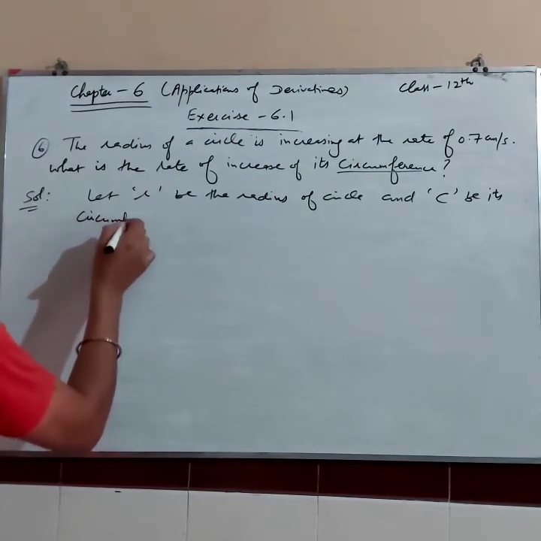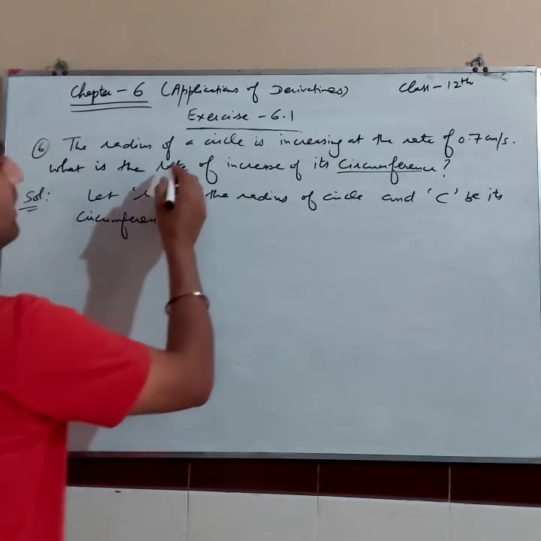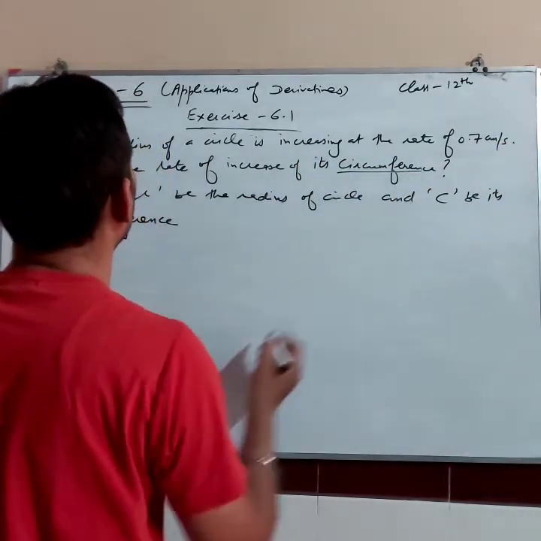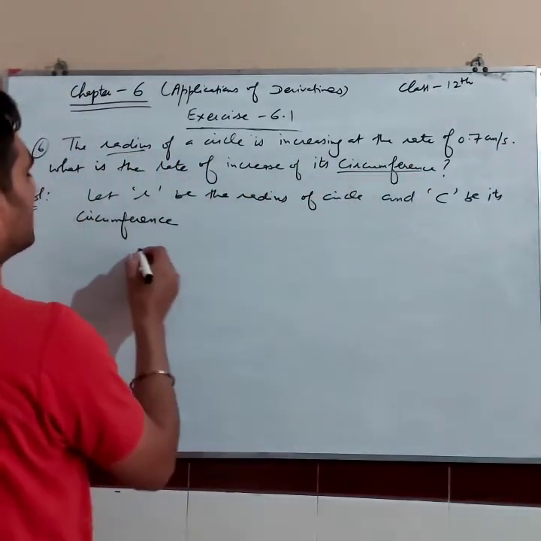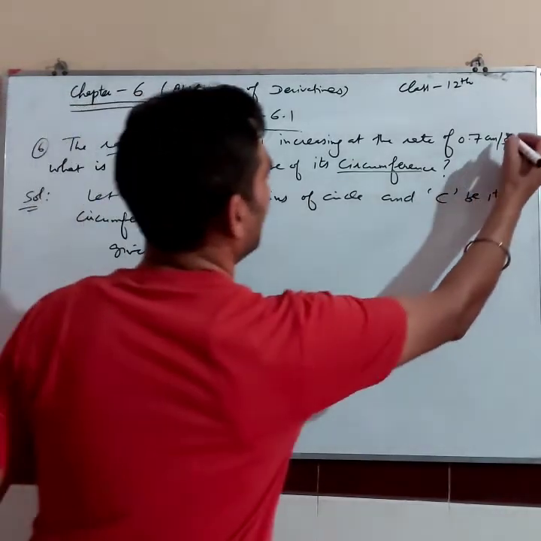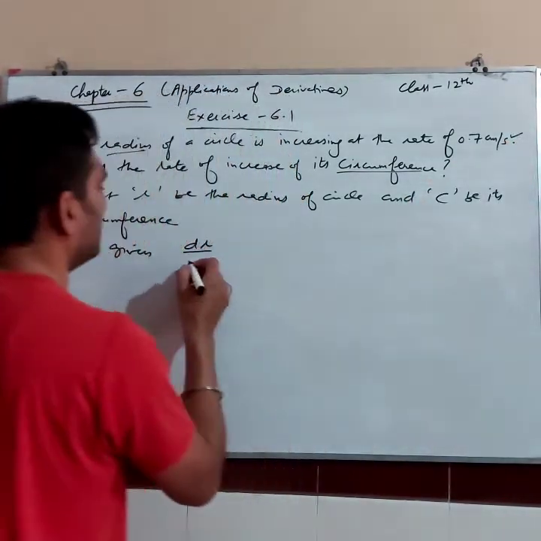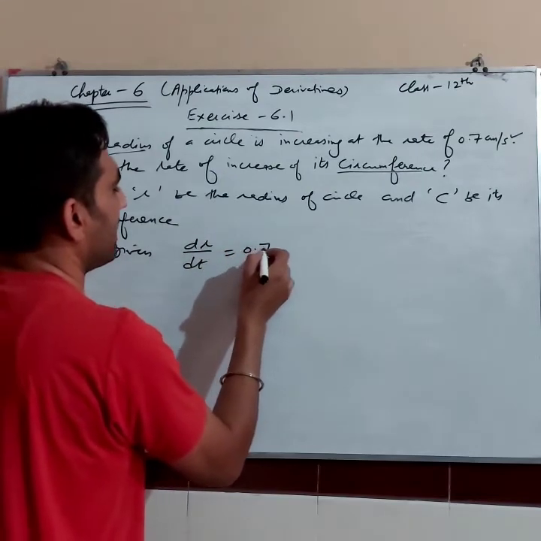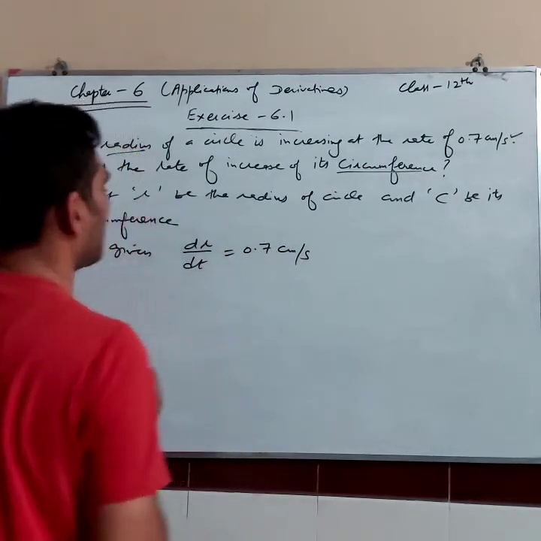So what is given? Here we have the rate of increase of radius, dr over dt, 0.7 centimeter per second.